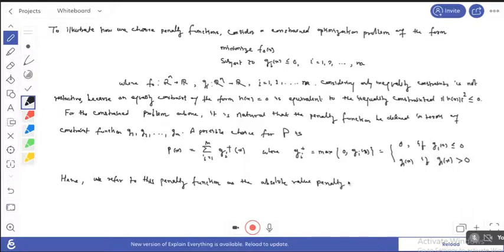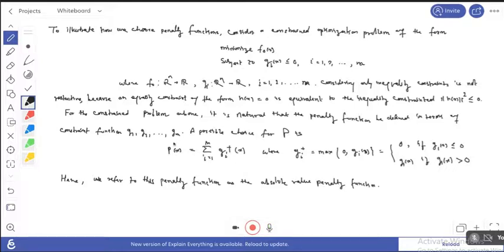If we take an example and try to find the penalty function for that problem, suppose we take g1 and g2, and we have to find what g1 plus is and what g2 plus is, and then what p(x) is. So p(x) is g1 plus plus g2 plus. This is the penalty function.